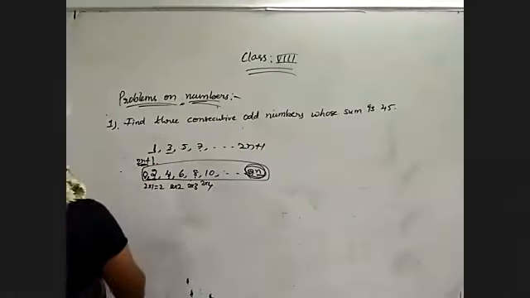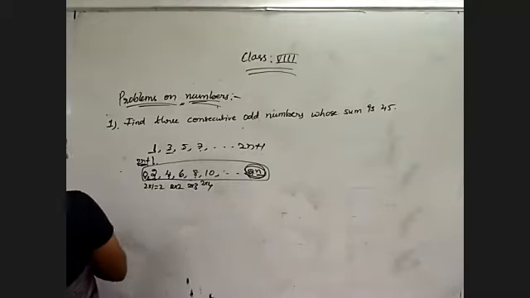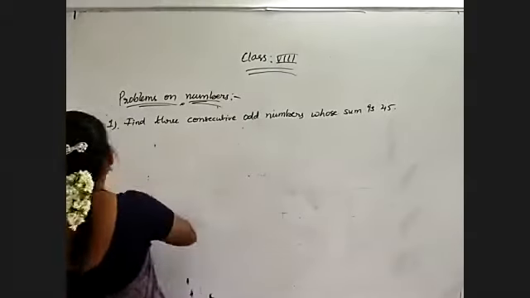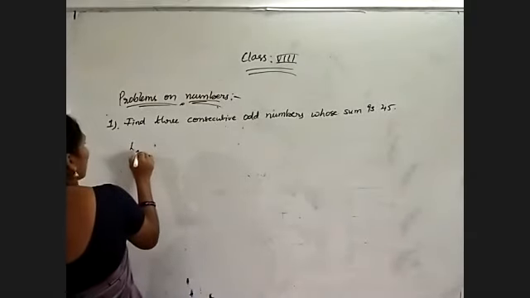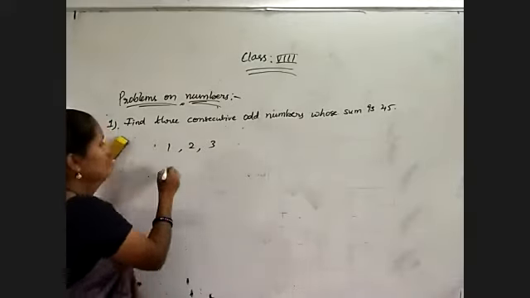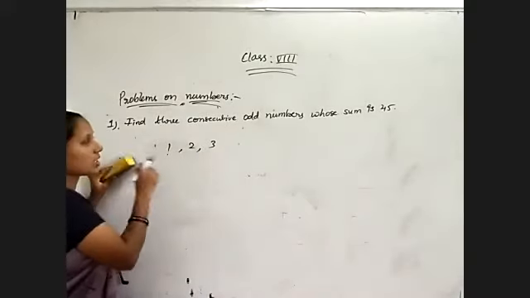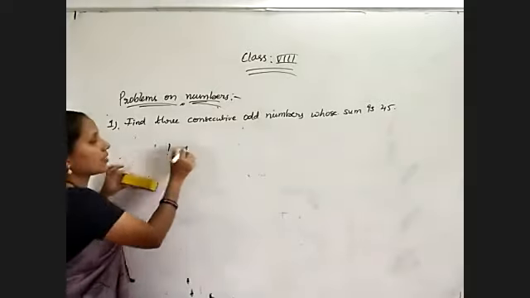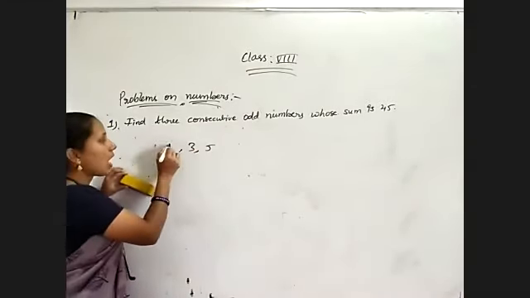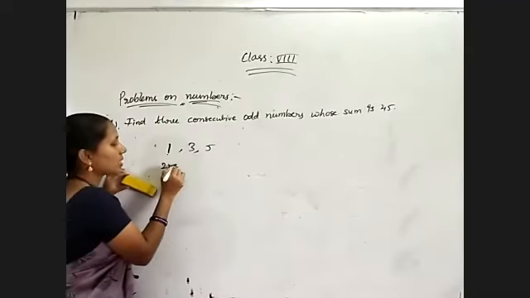Now, why am I telling this? Find 3 consecutive odd numbers, they said. Suppose I have 3 consecutive odd numbers 1, 3, 5. How will I get these? 2n plus 1 is my number.